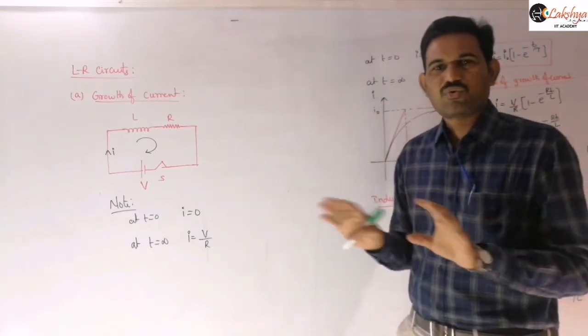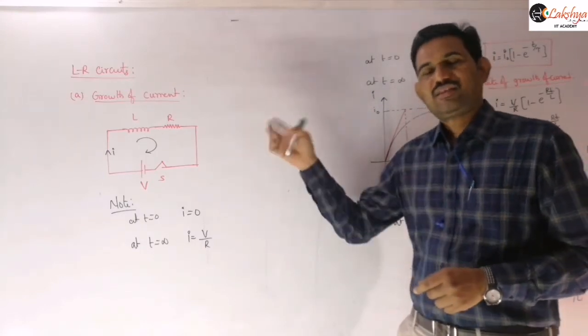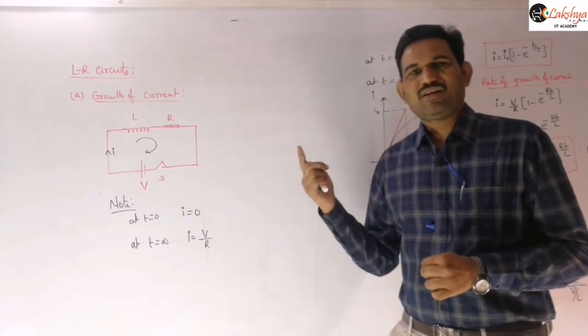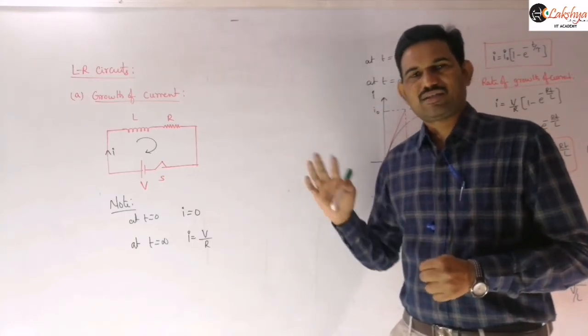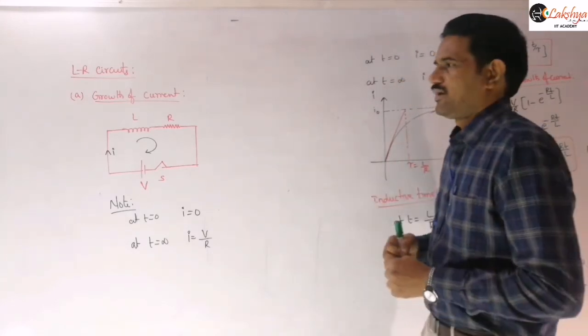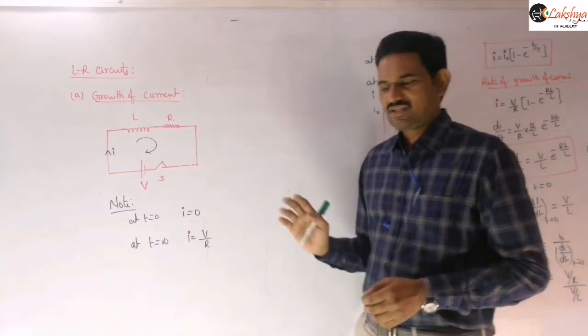There is no particular role of that inductor. But once current is changing, then its importance comes in, right? It is similar to our inertia. It will oppose the change in current. You may mention that inductor does not oppose the current, it will oppose the change in current.